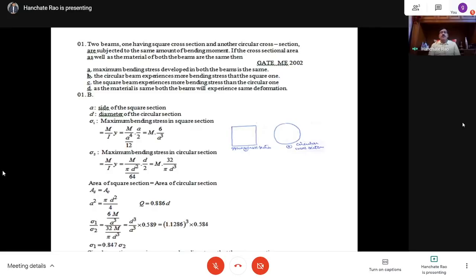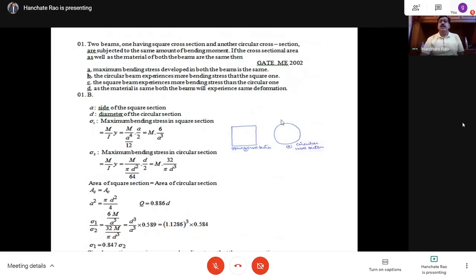So we get M into 6 by A cube, that is the maximum bending stress in the square section.